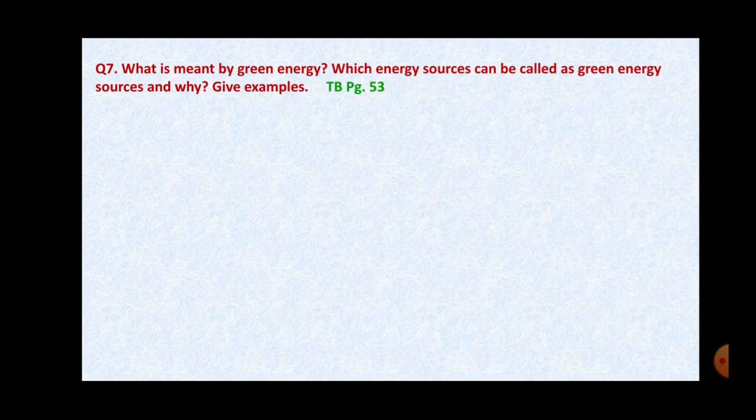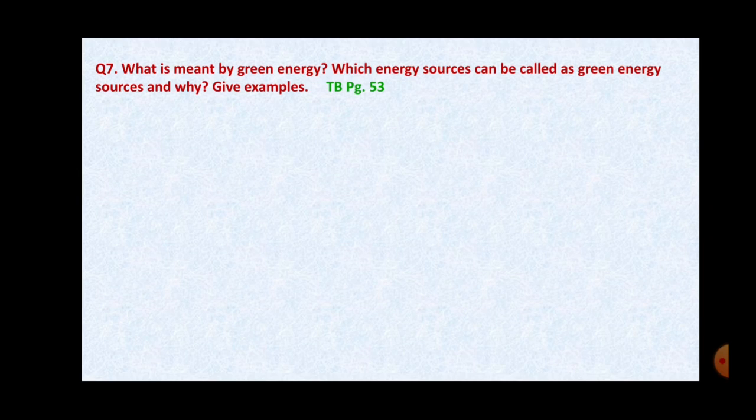So what is meant by green energy? You will write about green energy. Green energy is the eco-friendly energy which does not cause any environmental problems, and it is non-exhaustible and sustainable. Such an energy is called green energy. Then, which energy sources can be called green energy sources?